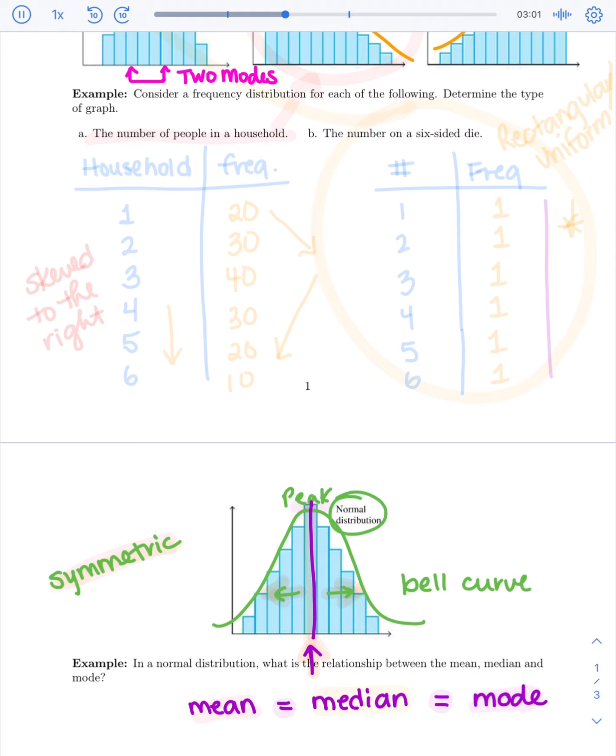Why is the mode there? Remember, the mode is the highest frequency, which is going to be where you have your peak. Your median means middle, and if you've got something symmetric, you've got about the same amount of stuff on the left as on the right. So the middle is literally the middle where the peak is.